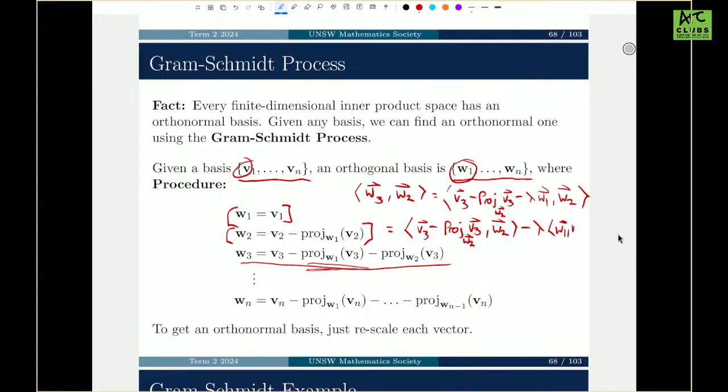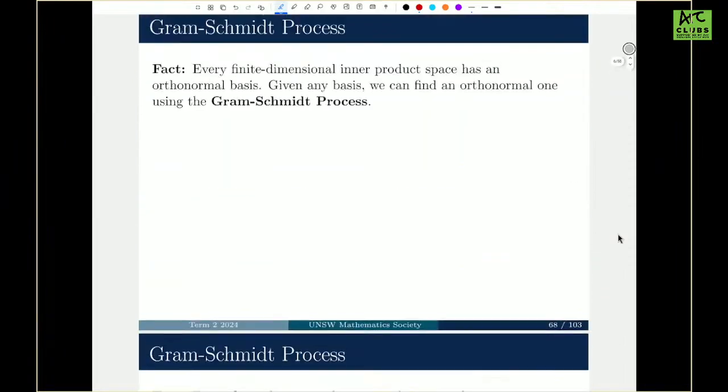W1, W2. Okay. By definition, W1 and W2 are orthogonal. I mean, we've shown that. We know that these two are orthogonal. So that means that this inner product is just 0 here. And this inner product on the left is just the property that we had up here.